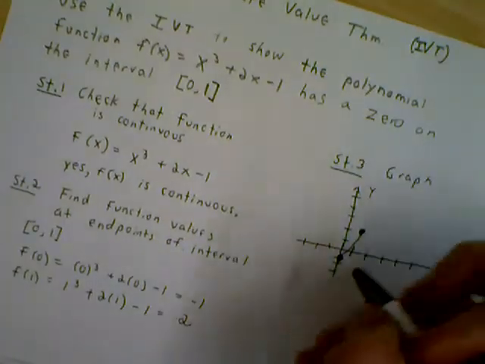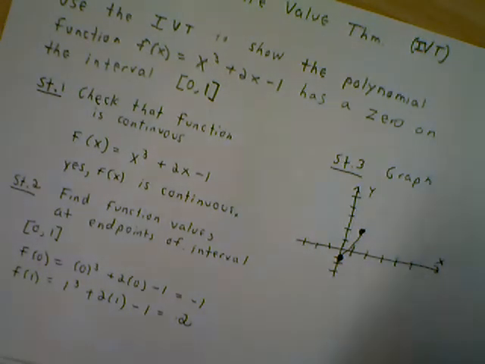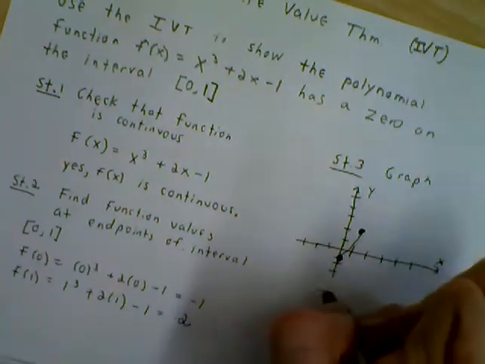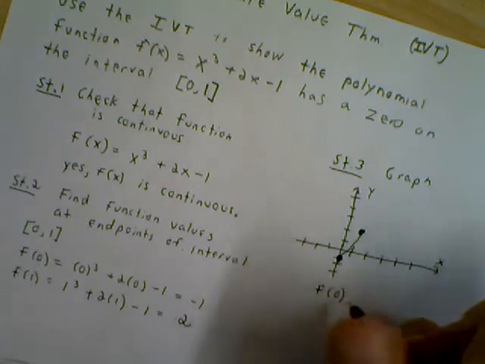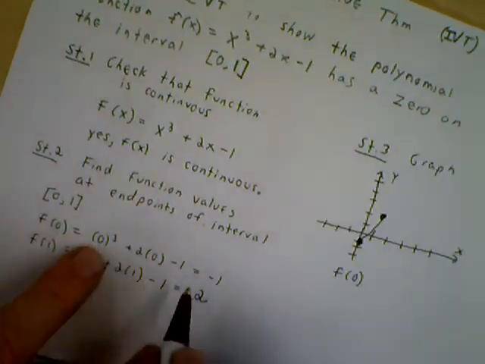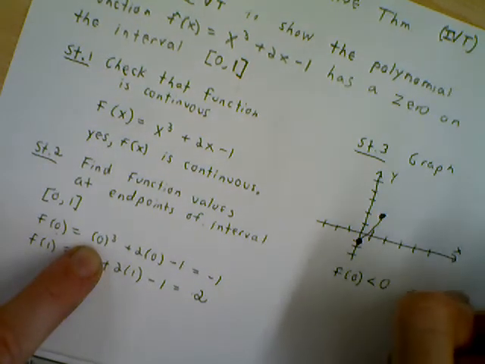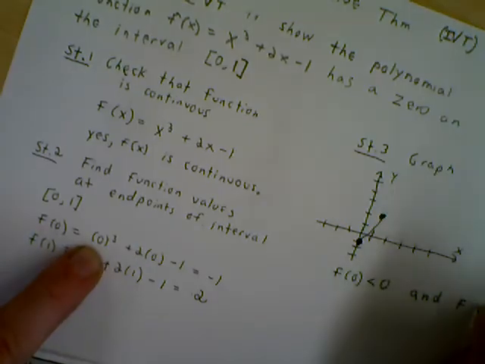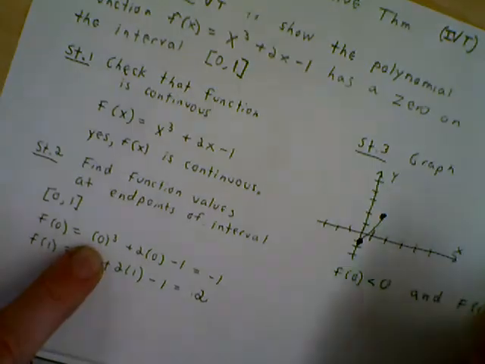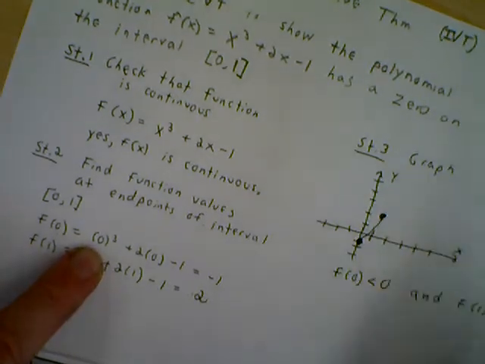So now I actually have to state some stuff. Now I notice that f of 0 is -1, it's less than 0, and f of 1, that's 2, is greater than 0.